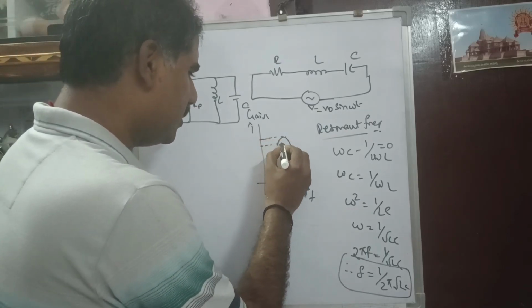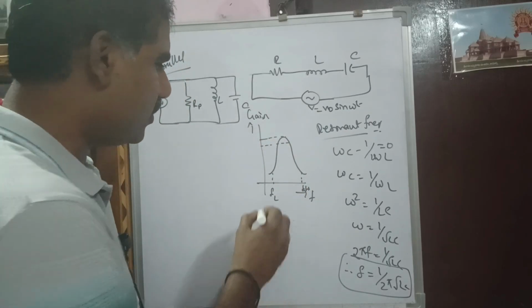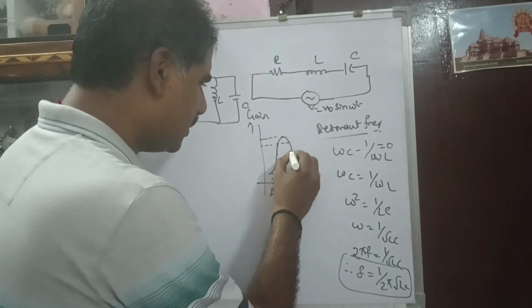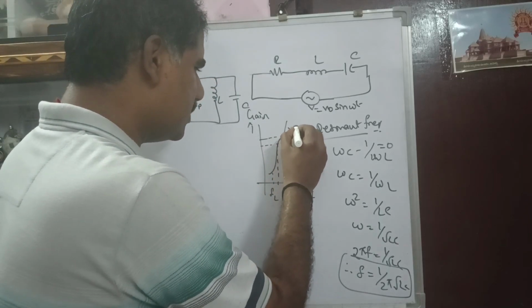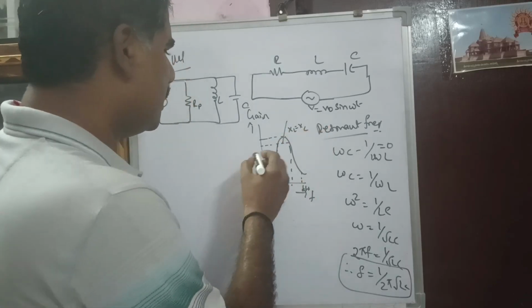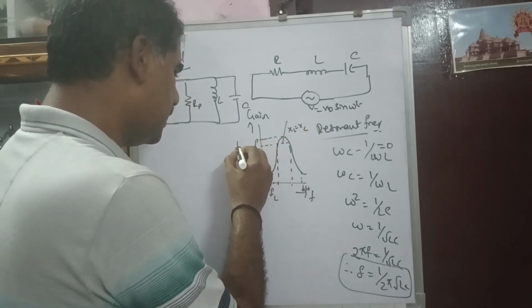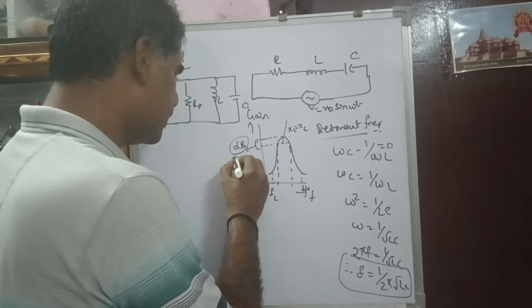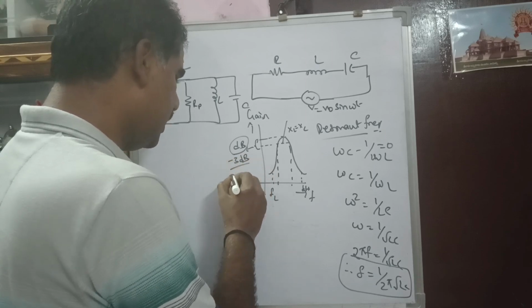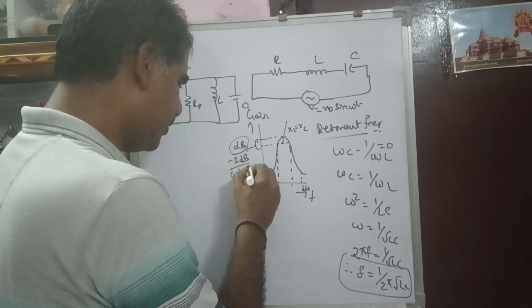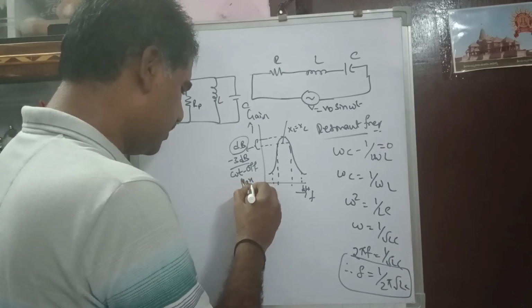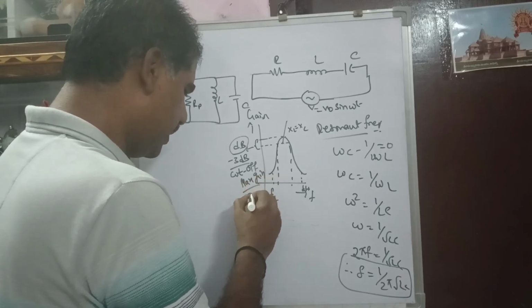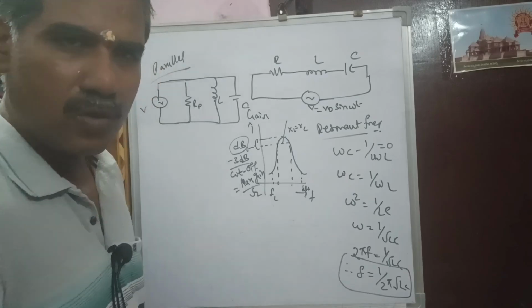In order to get the cutoff frequencies, one is FL, another one is FH. At the center, XL is equal to XC. In terms of dB, we calculate at minus 3 dB, nothing but it is called the cutoff frequency. It is derived as the maximum gain divided by root 2. Okay.